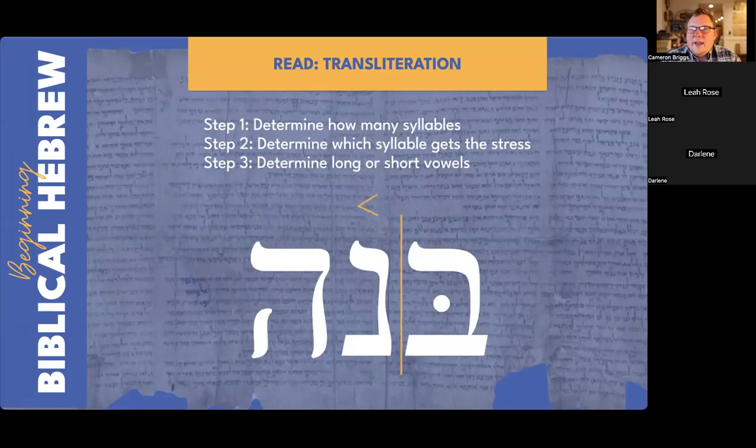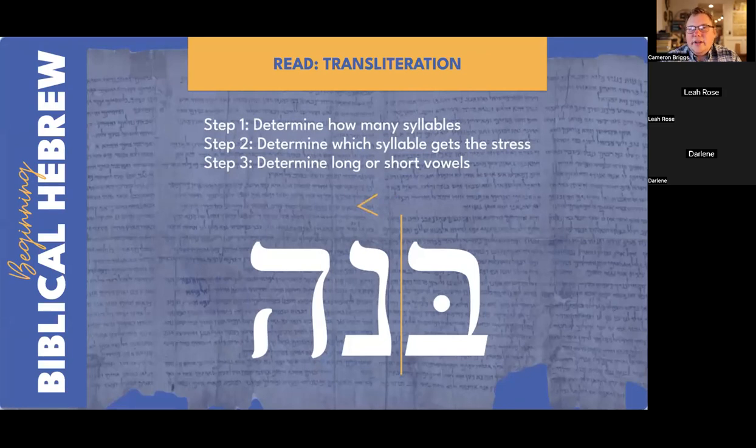Now, what are the vowel sounds? Well, a kamats on the first one. But I gotta figure out if that hey loses its sound because it's associated with the vowel, right?